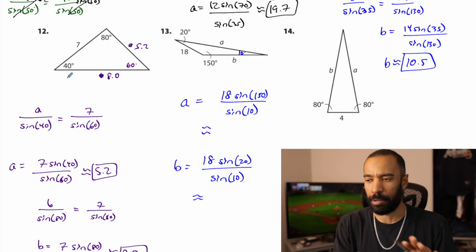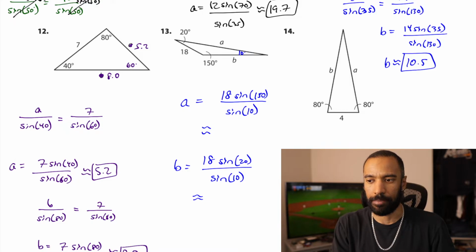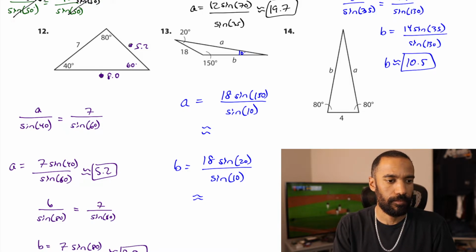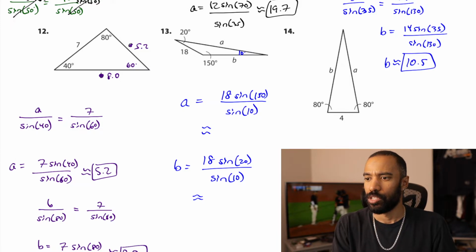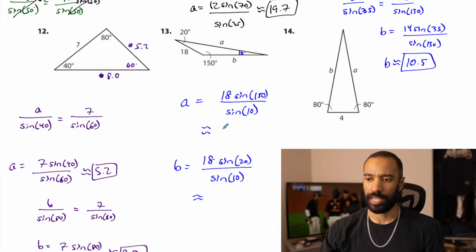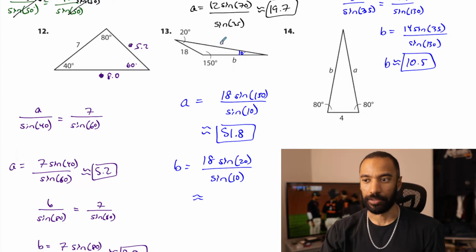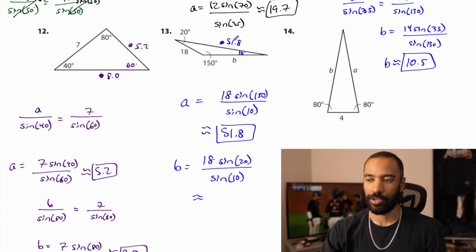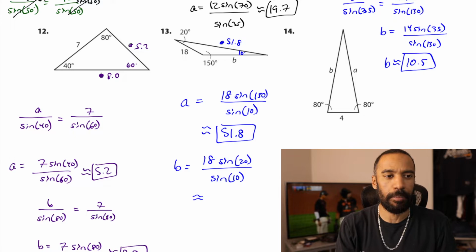I feel like for me, a part of it is time saving. We have a lot more things to do in this section. So over sine of 10, give me a moment as I type these things in. So this one here will be 51.8 units here. I mean, it's a big angle. 51.8 units. As this one's already 18, I believe it.